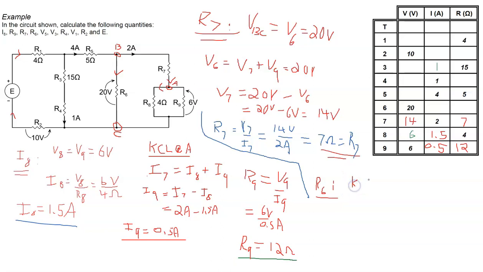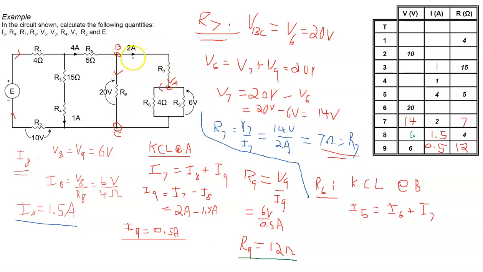So Kirchhoff's current law at B will say that the sum of the currents that enter, which is I5, is equal to the sum of the currents that leave, which are I6 and I7. Now, if we think about junction B here, we have 4 amps going through R5 and into that junction. And that splits into 2 directions. Some of it goes through branch 6, some of it goes through this other branch here, which contains 7, 8, 9.